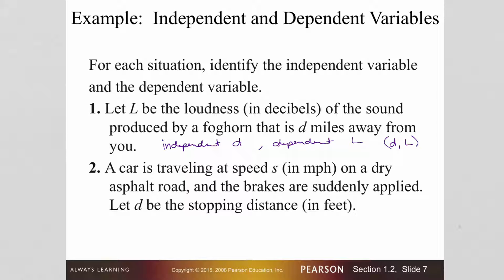So it makes more sense that the stopping distance depends on how fast you're going. So your independent in this case would be S, and your dependent would be D. So if you were writing this as an ordered pair, it would be S, comma, D, and always put your parentheses around that.